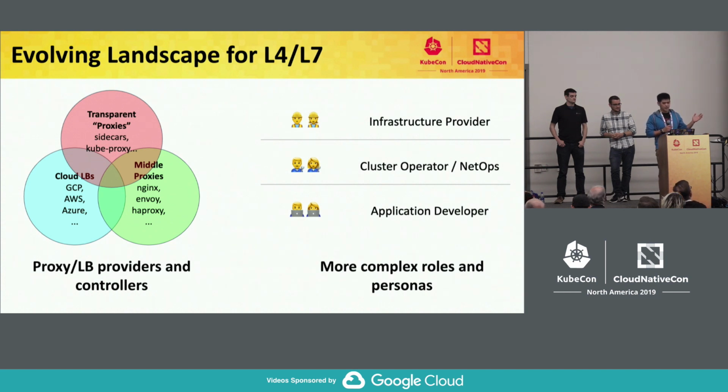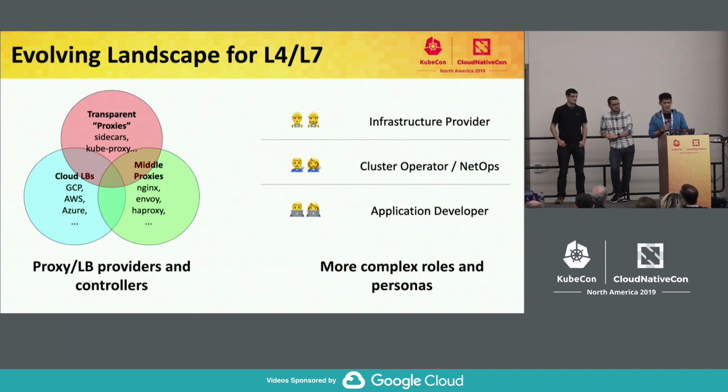On the left-hand side, we see that as clusters become bigger and bigger, there are more complex roles and personas involved in the deployment of applications on a cluster. In the early days of Kubernetes, we really focused on the empowered developer, who is a single team that's going to self-service most things. When you get to bigger and bigger clusters that are shared among multiple teams, these roles have been split up.